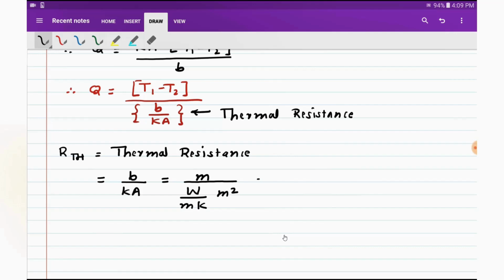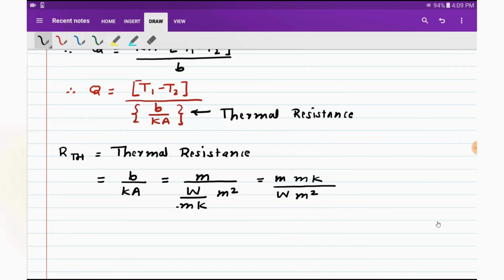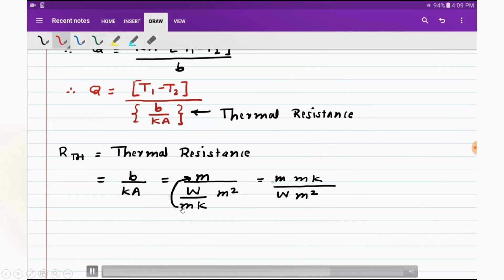So meter as it is; meter Kelvin will get transferred from the denominator to the numerator, and watt meter square will remain as it is. So this meter Kelvin, from the denominator of the denominator, will go in the numerator. Meter into meter, that is meter square, will get cancelled out. So the unit of thermal resistance is Kelvin per watt.